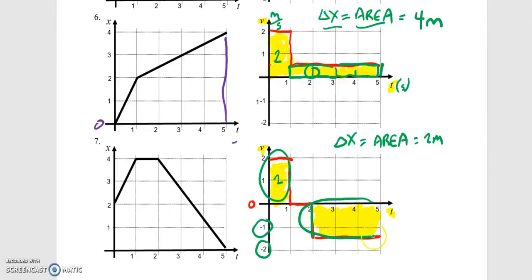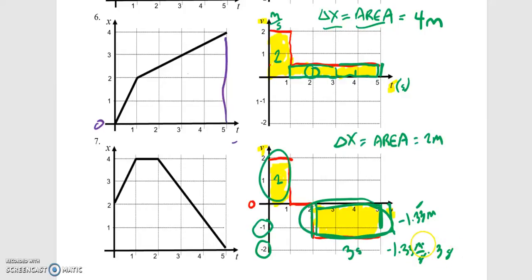And then plus this area, which is going to be, one side is minus 1.33 repeating, and this side is 3 seconds. So this area right here is minus 1.33 meters per second times 3 seconds.